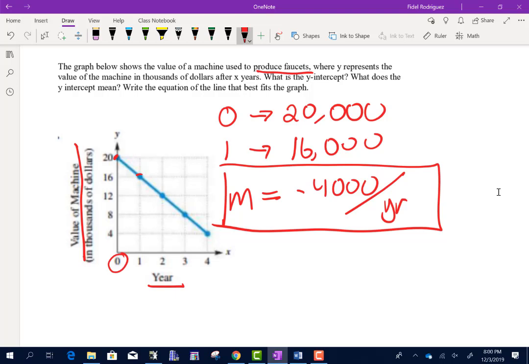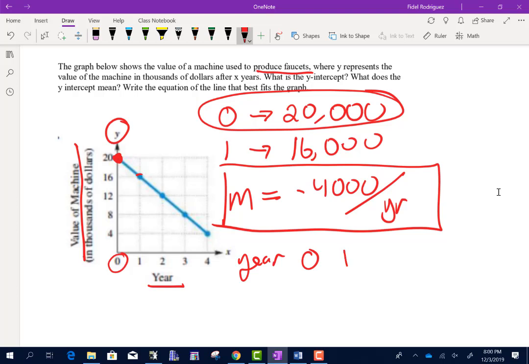Okay. Now, guys, the Y-intercept is the point where it hits that Y line right there, right? So what did we say? We said that in year 0, it's worth how much? Yeah, so we can just go like this. In year 0, the value is 20,000.